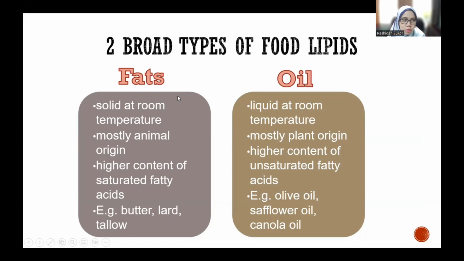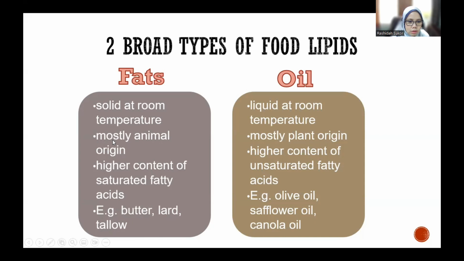But normally we call lard, butter, and tallow fats. Physically, they are solid at room temperature. Mostly this type of fat is from animal origin. Butter is made from milk. Lard is from swine or pork, and tallow is mostly animal fat from beef or goats and whatnot.